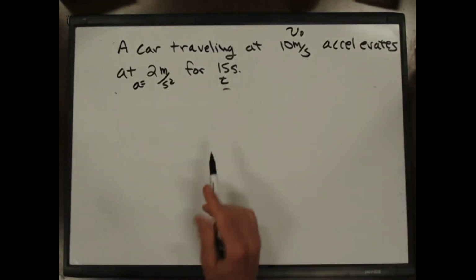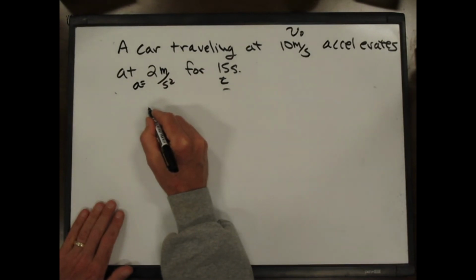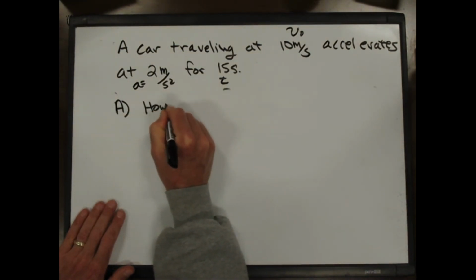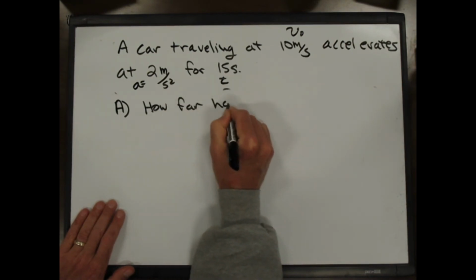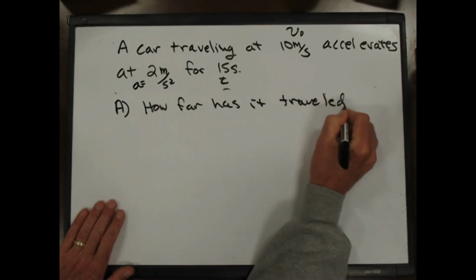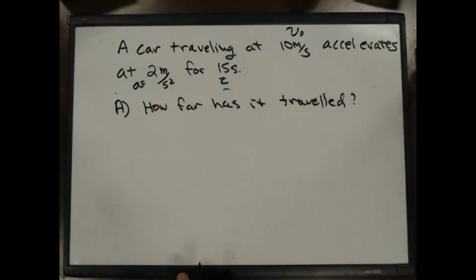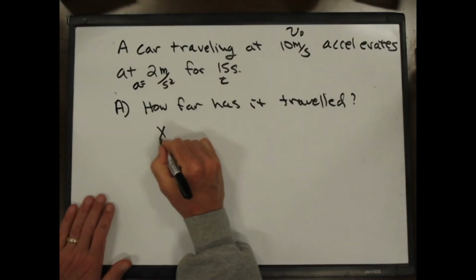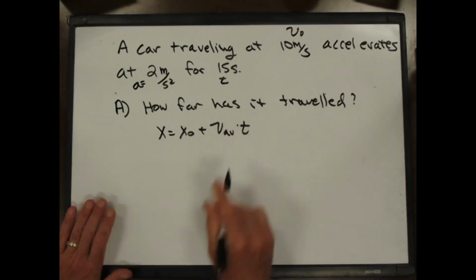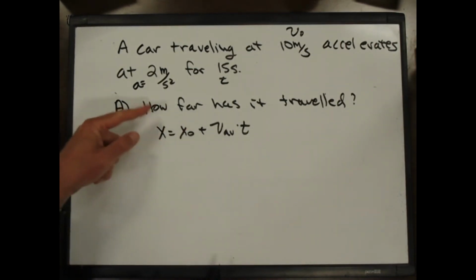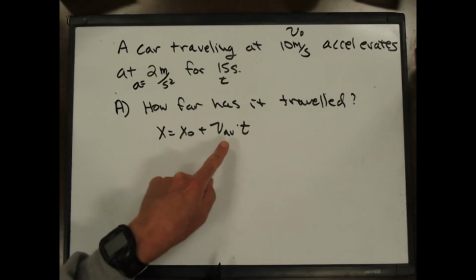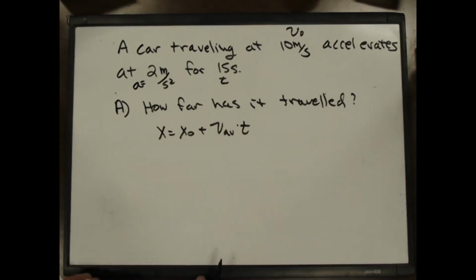The only formula we have for how far it's traveled is this one. And so we would still have to go through all the previous steps of first calculating what the final velocity is, then calculating the average, and then plugging into this.